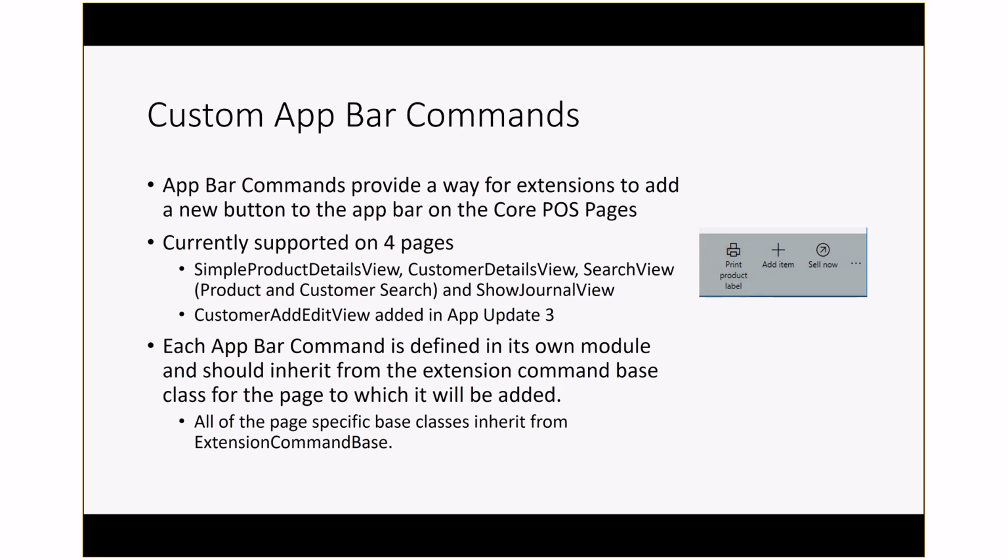We have different classes and different functionality for those app bars, even though they're on the same page, since they'll receive different types of data and different information, and likely there would be different kind of execution and functionality based on either product or customer. So we've separated those, and then we also have show journal, which I'll dive into here in a minute. So those were what was released initially in 7.2.